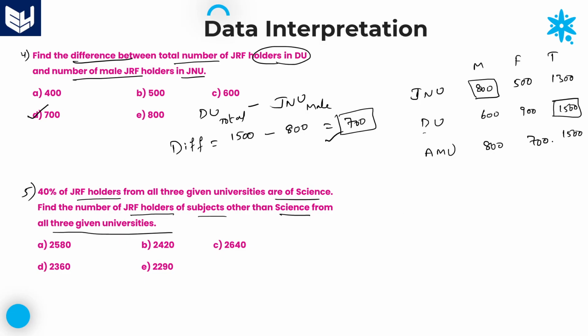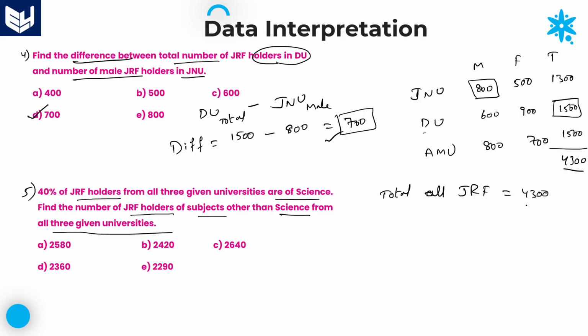See, from all three universities, what is the total value? Once calculate it. Here it is 1500, 1500, 3000. 3000 plus 1300, that is 4300. This is the total number of JRF holders, which is equal to 4300.